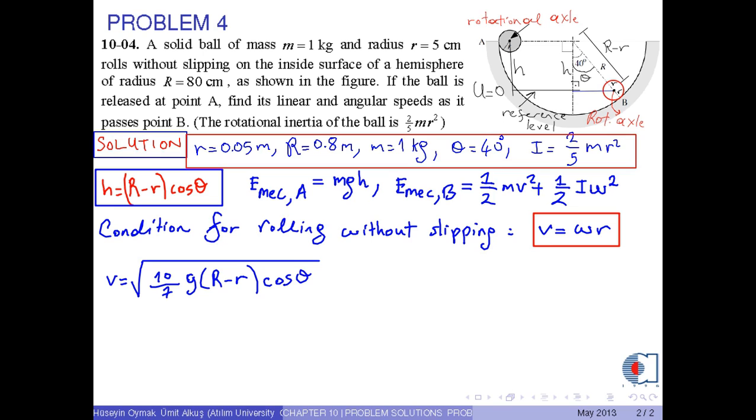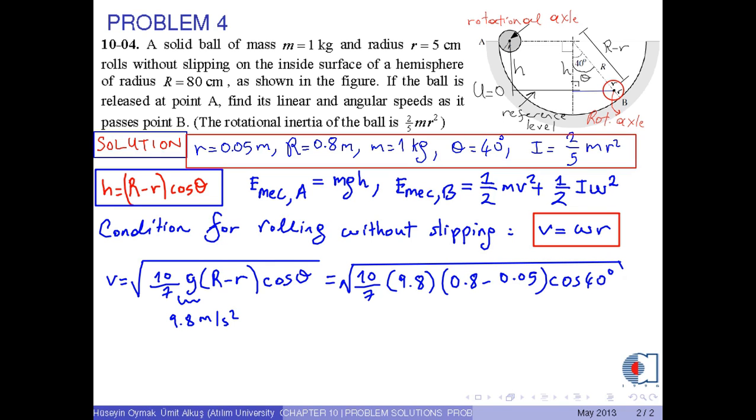Inserting the numerical values into this expression, we obtain v equals square root of 10 over 7 times 9.8 meters per second squared times 0.8 meters minus 0.05 meters times cosine of angle 40 degrees, which results in 2.8361 meters per second in 5 digits.